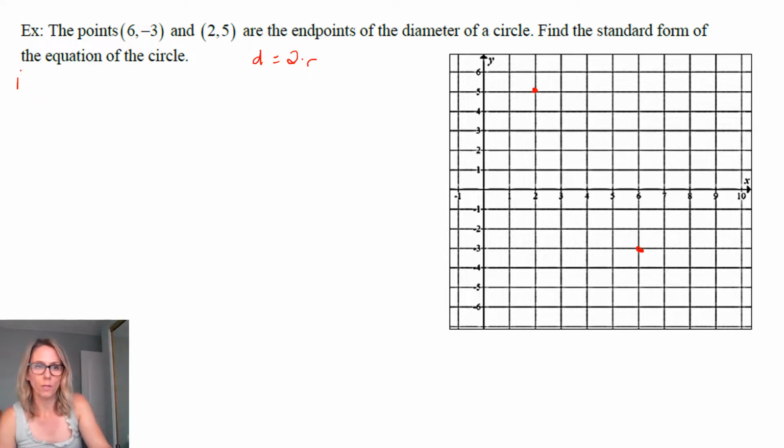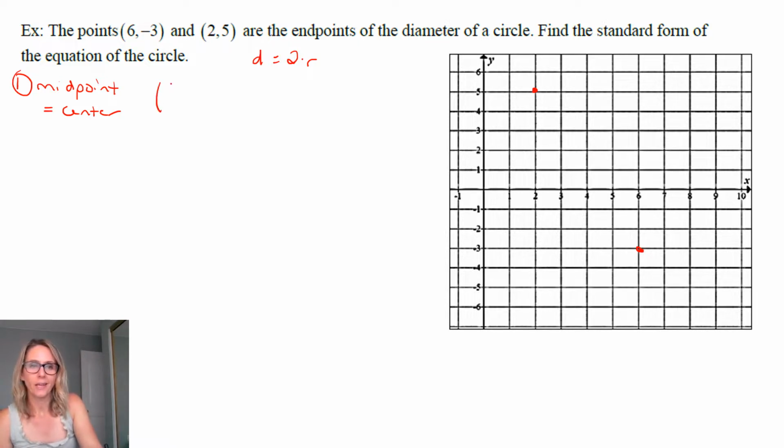Okay, so first thing we want to do, let's do some steps here, make it straightforward here. So we need the midpoint, because the midpoint is the center. So remember midpoint from earlier, we just find the average of the x values of the 2 points on the circle, and the midpoint of the y values by finding the average.